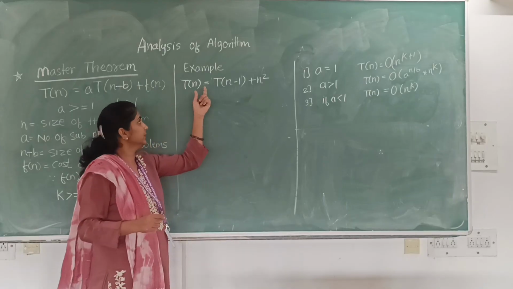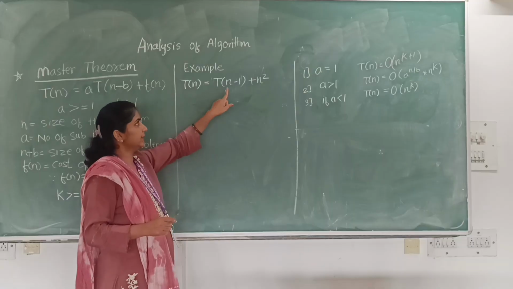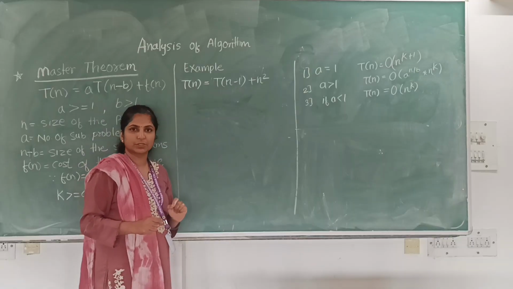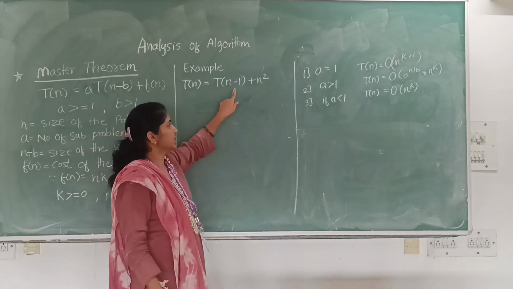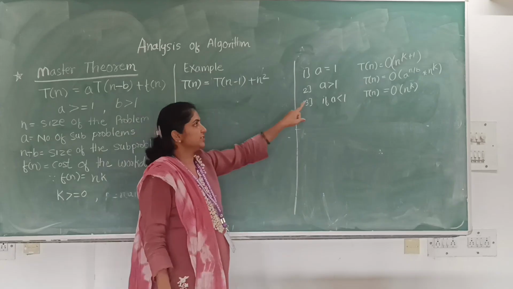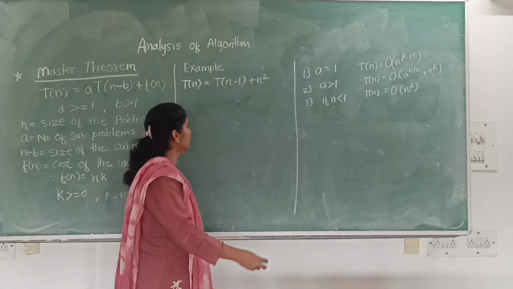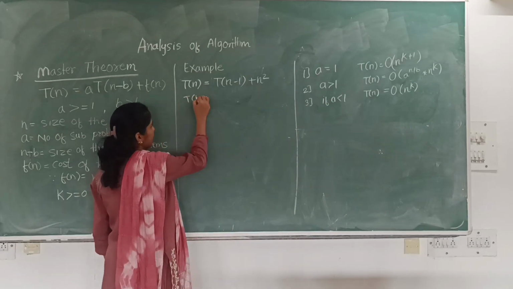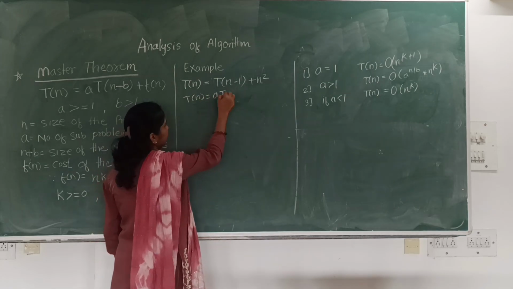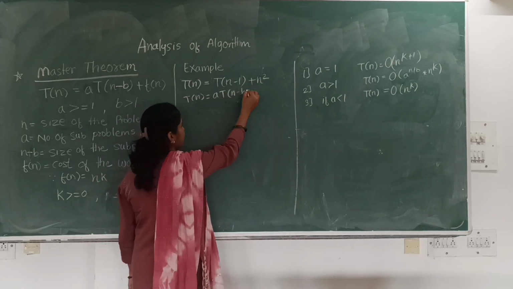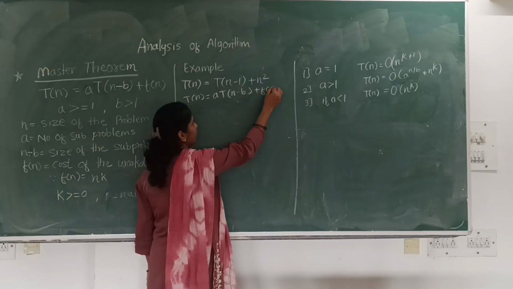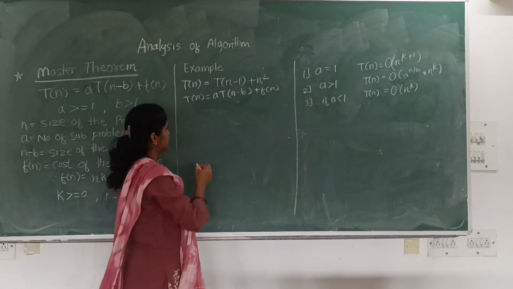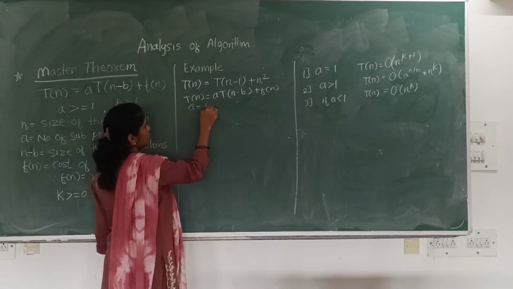For that I have written here T of n is equal to T of n minus 1 plus n squared. Now here the condition is decreasing, so we will check for these three cases. Comparing with our standard function a T of n minus b plus f of n gives us the value of a is equal to 1.